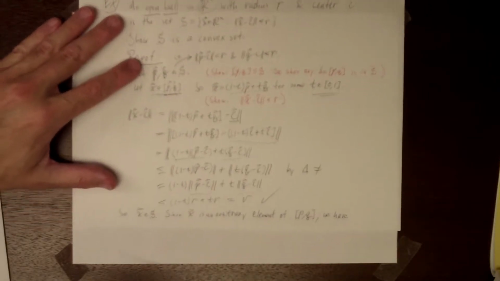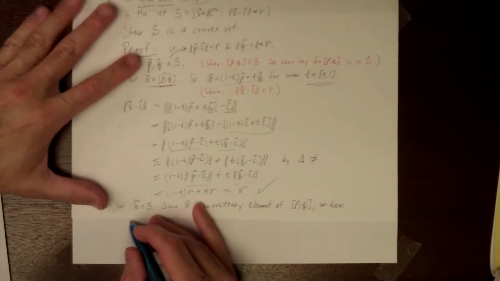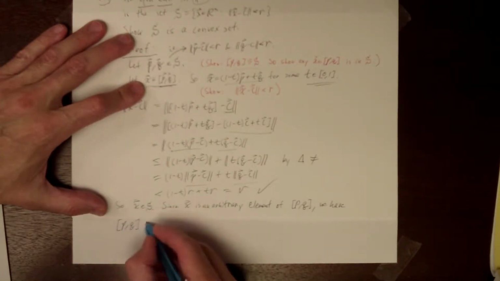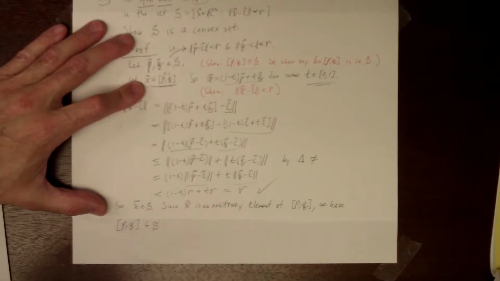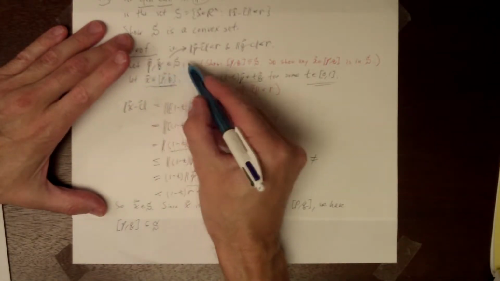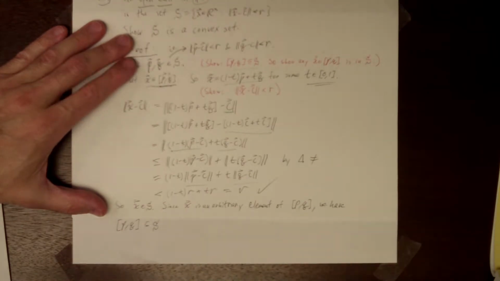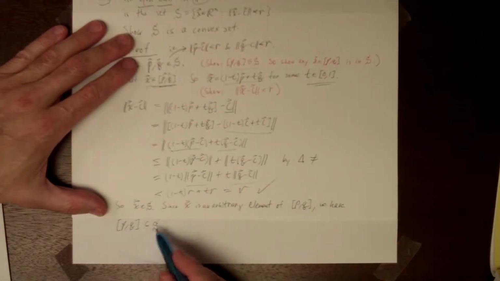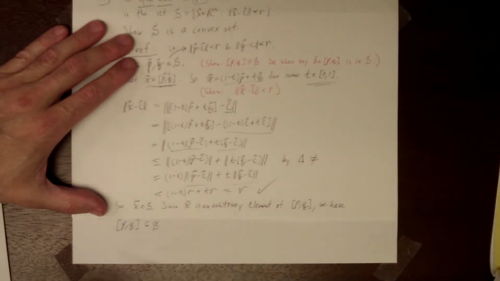So we have PQ is a subset of S. Now, P and Q were two arbitrary points in S. So we just found out that for any 2 points in S, the line segment connecting them is also in S. So this means that S is convex.